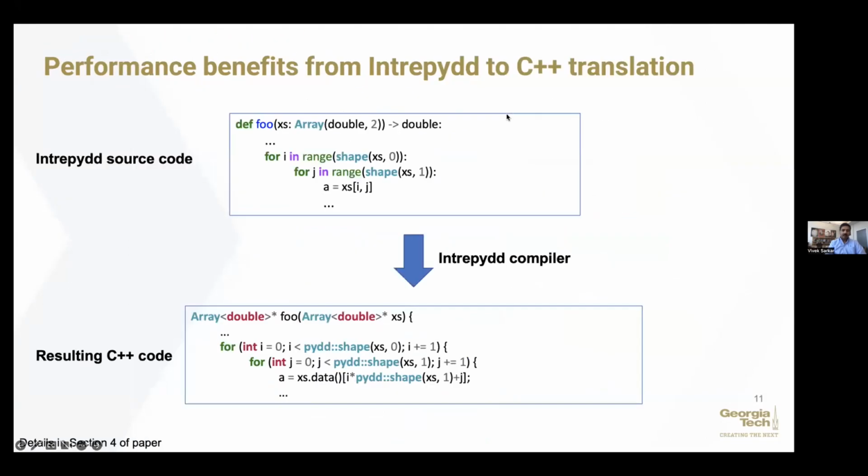So, you can get some performance benefits just by translating Python style code in Intrepid to C++. But as you'll see in a moment, we get even more significant performance benefits by certain code optimizations that have a much bigger impact on high-level Python code than they might in, say, LLVM.